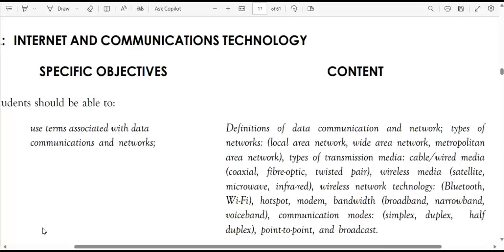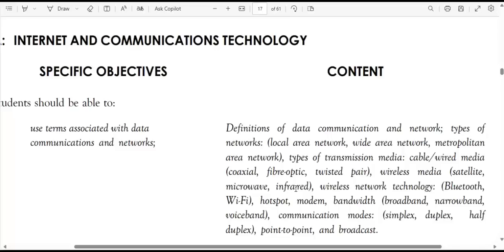Now, what are the types of wireless media? Let me see if you remember: satellite, microwave, and infrared. Let's look at satellite communication and how it works. Satellites orbiting the Earth receive signals from one point and transmit them to another point on Earth, enabling long-distance communication.